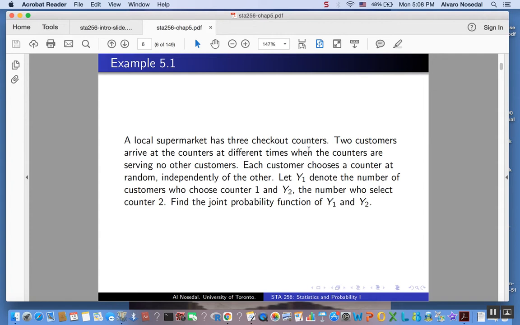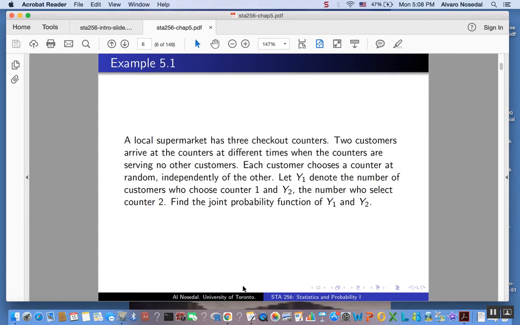We're assuming that they make their decisions independently and at random. The random variables of interest here are y1, the number of customers who chose counter 1, and y2, which is similar, but keeps track of the number of customers that selected counter 2.